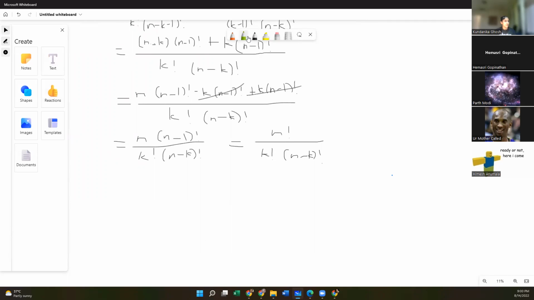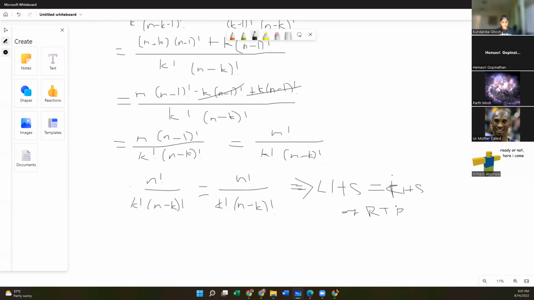What we can write now is n factorial over k factorial times n minus k factorial is equivalent to n minus 1 factorial over k factorial times n minus k factorial, which implies that the left-hand side equals the right-hand side, as you're required to prove, RTP. And that's it.